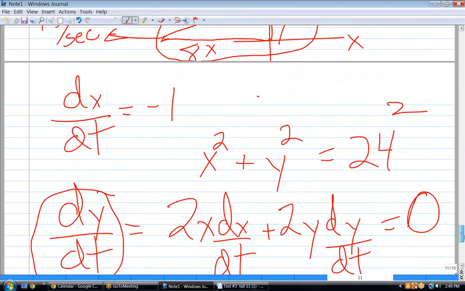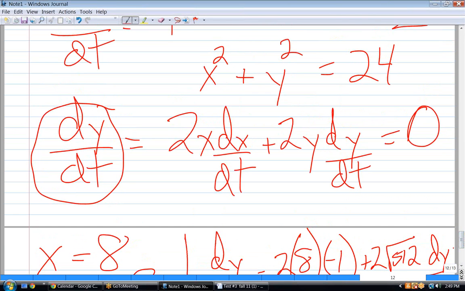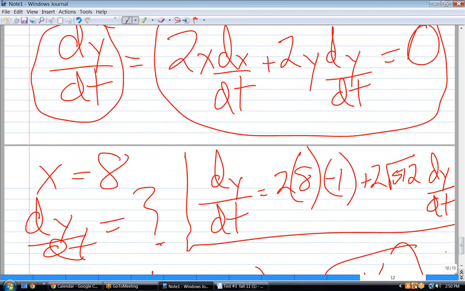Let's see. We have x squared plus y squared equals 24 squared. When I implicitly differentiate to find dy/dt, 2x times dx/dt plus 2y times dy/dt equals 0. So that is the case. How did I get to where I got here? I'm not quite sure. I screwed up somewhere.